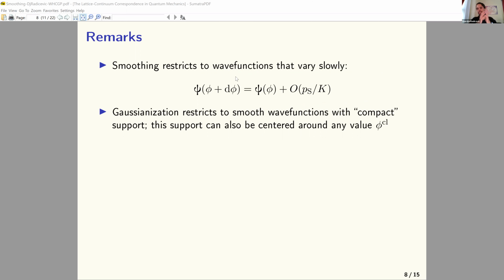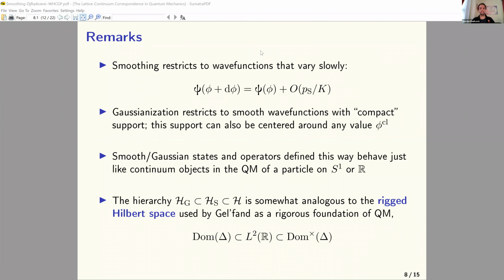And then, as I already said, Gaussianization restricts the set of smooth wave functions further to smooth wave functions that are only supported on some compact set, on some interval from minus phi g to plus phi g. Of course, you can shift that interval, you can change the definition a bit, you can play around with that, but you see where this is going.